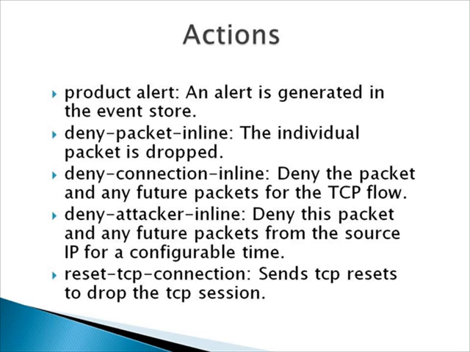In any case, you can tweak that as you see fit. But if a signature with that action fires, the source IP address that's the attacker, all of its traffic is going to be dropped. Reset TCP connection down there. Yeah, it sends a TCP reset with the idea being to drop the TCP session.